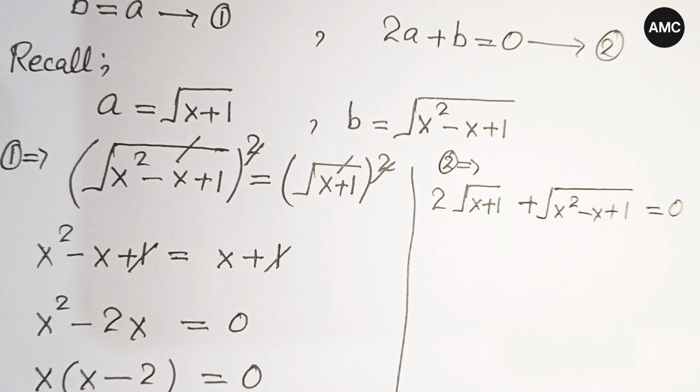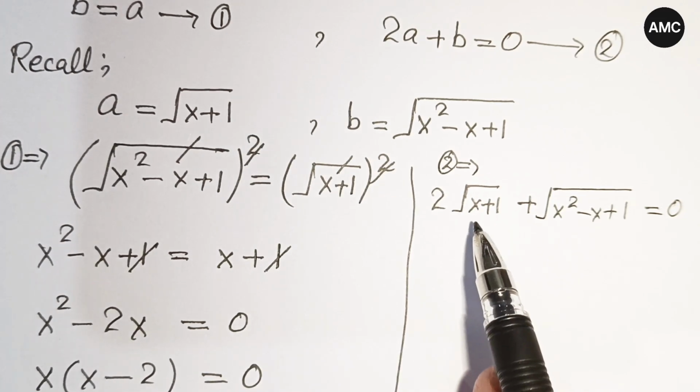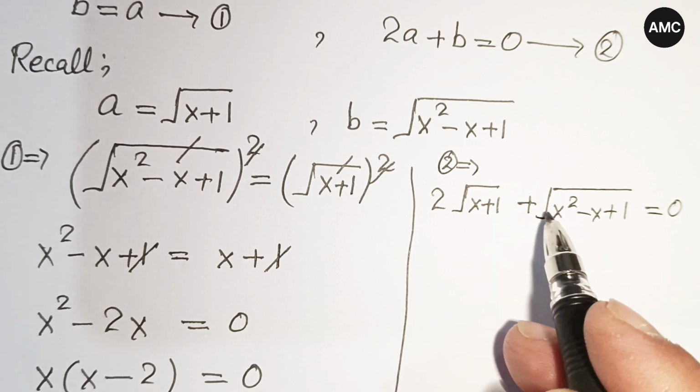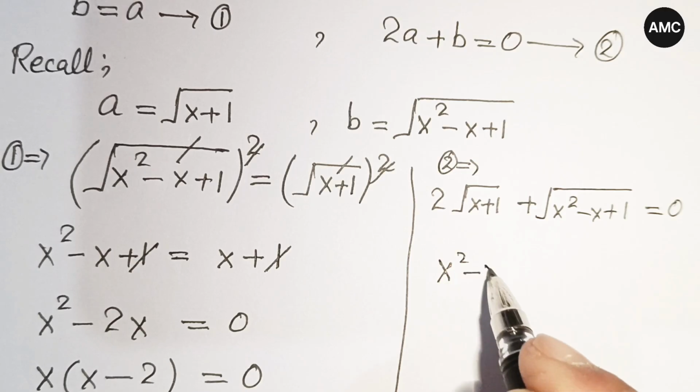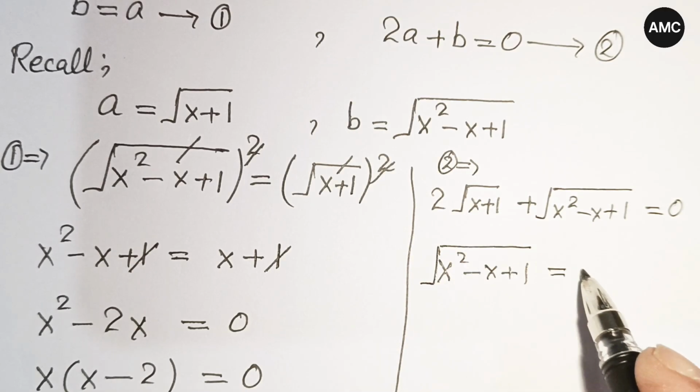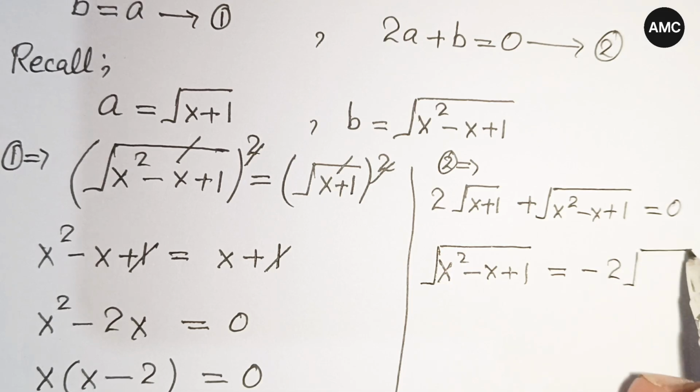Now if we shift this first term, 2 times square root of x plus 1, to our right hand side, we get minus 2 times square root of x plus 1.